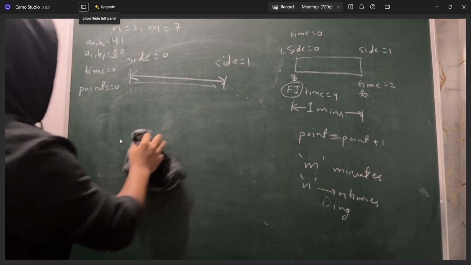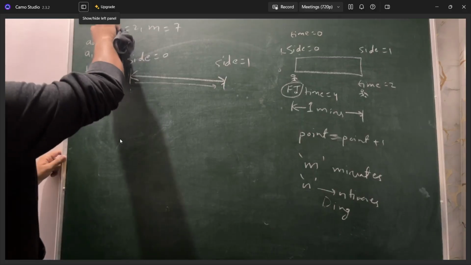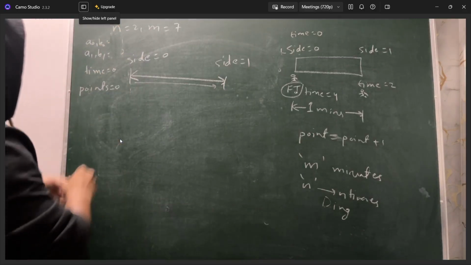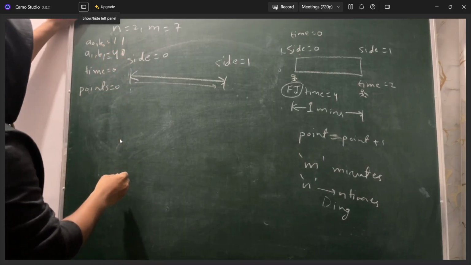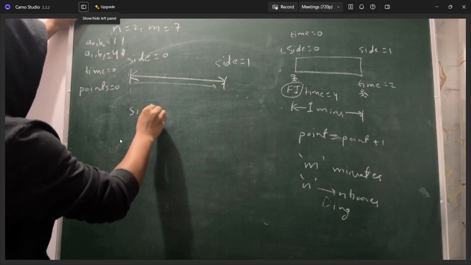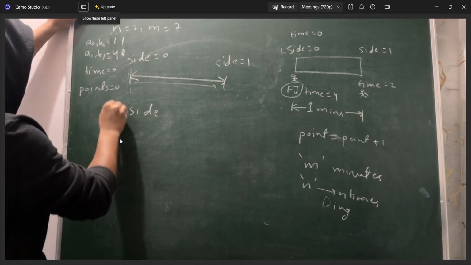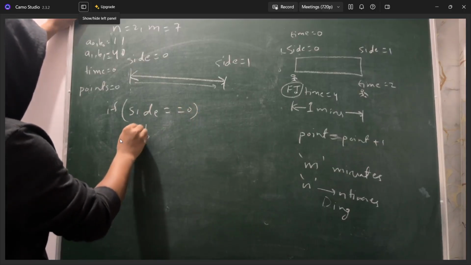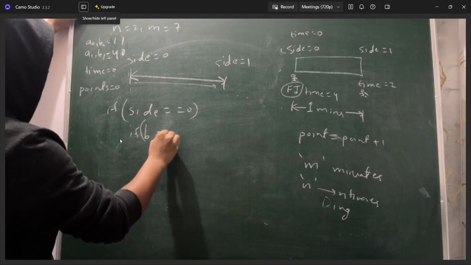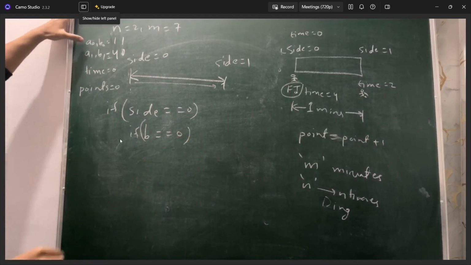So now it is done, right? Now the case is, let's say you are at side 0 and you want to reach side 0 only at the current time.